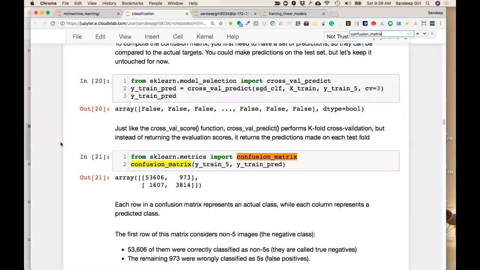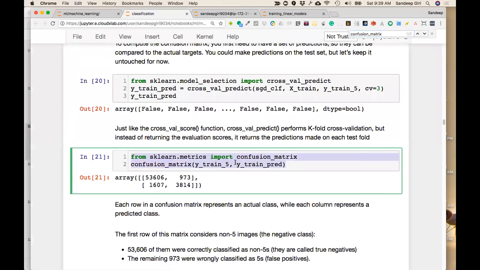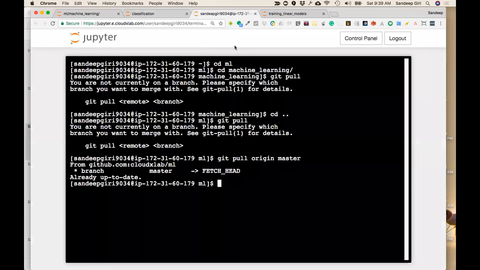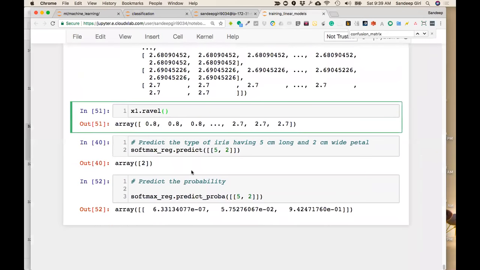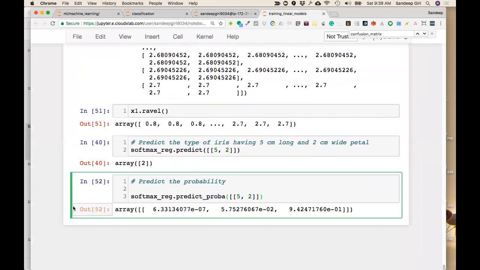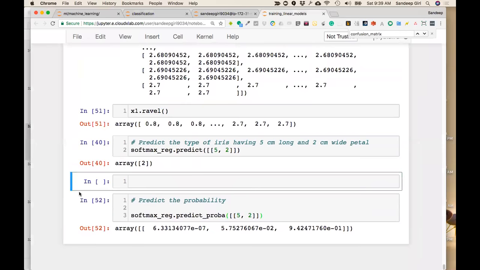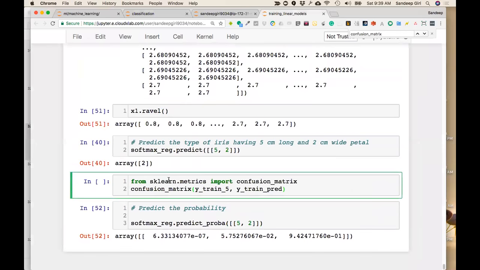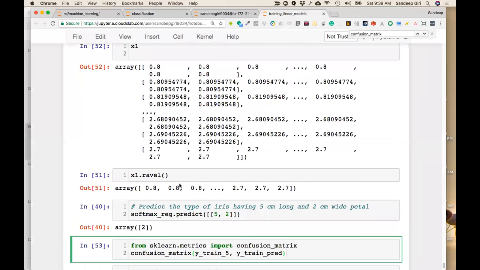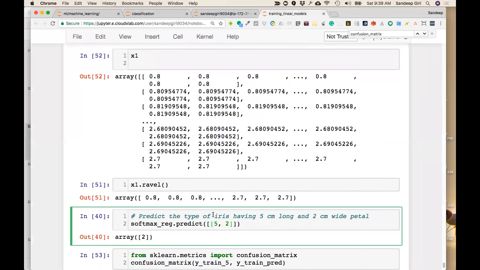So this is where we are using the confusion matrix, right? We could just import this part. Now the question is, let me see if I could do that.